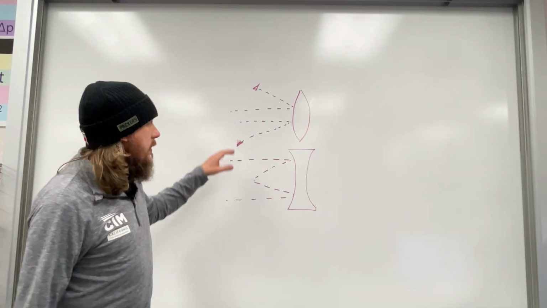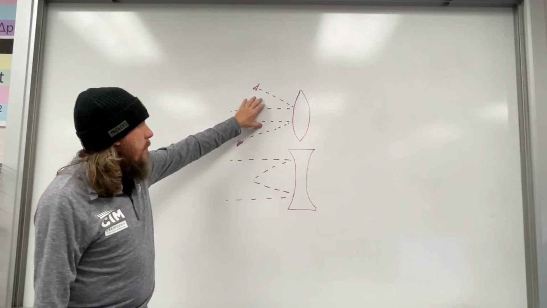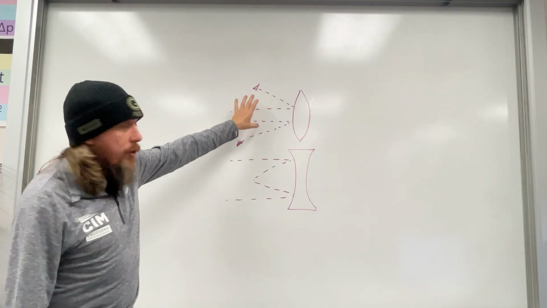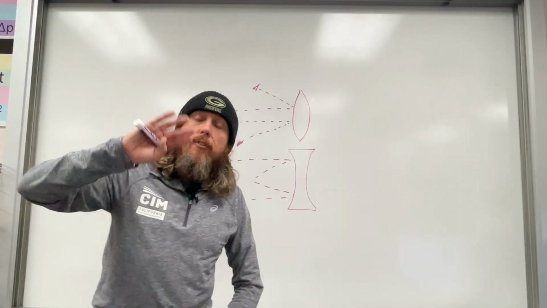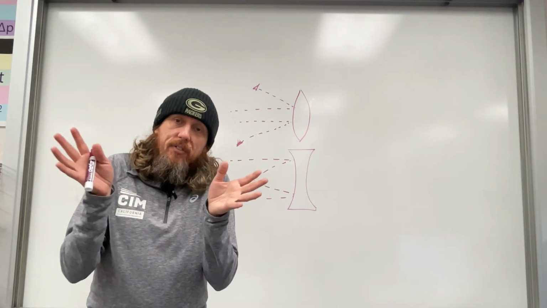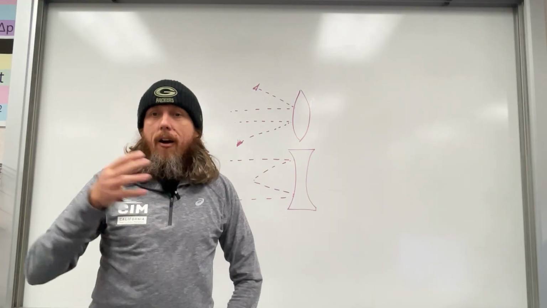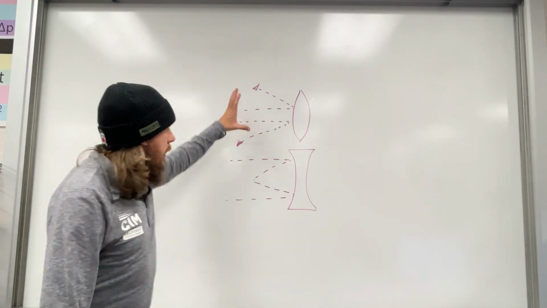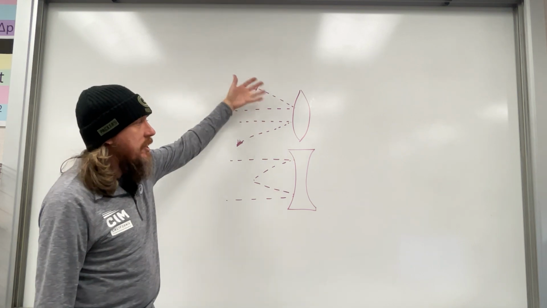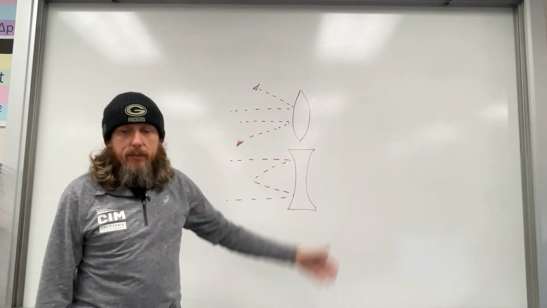We can look at things like this where maybe you're trying to look in your side mirror in your car. If you look in the side mirror of your car, you're going to have a convex mirror so that you can see a greater amount of stuff. And this is why it says, hey, objects are bigger than they appear, because this is going to make them seem smaller so that you can see more stuff.